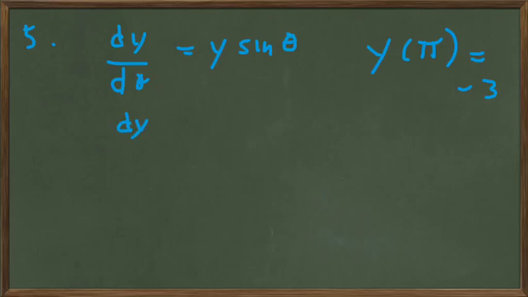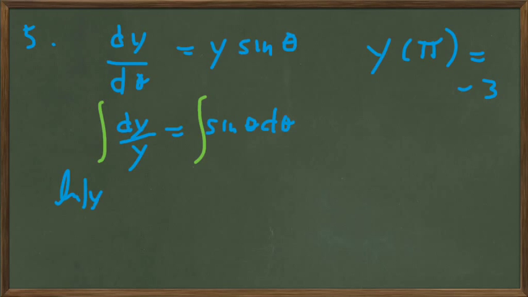So here it's separated. It should be easy to see as dy over y equals sine theta d theta. We integrate both sides, and we get ln of absolute y equals minus cosine of theta plus c, and then we plug in the initial condition.